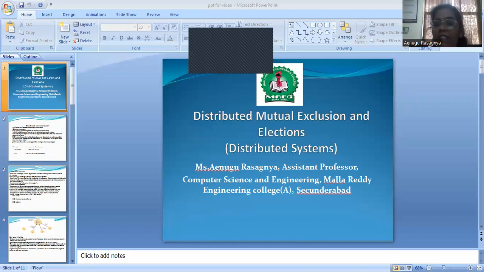So P1 will stay silent in stage 2, and P2 and P3 will send election messages again to P3 and P4. In stage 3, P2 will come to know that P3 and P4 have crashed. So P2 will identify itself as the coordinator and send a coordinator message to all the processes that it is the coordinator for the next session. So this is all about the election algorithms.